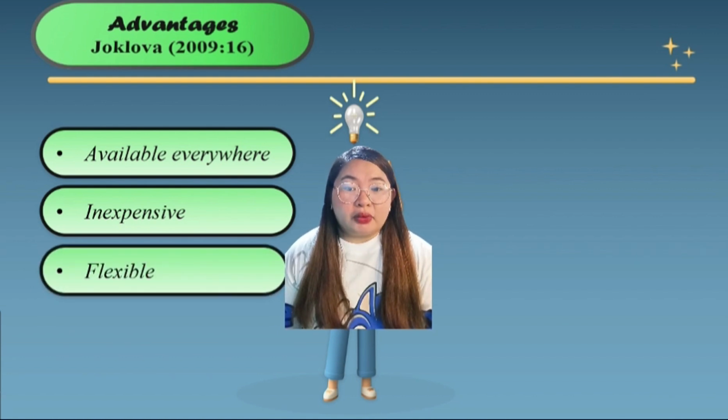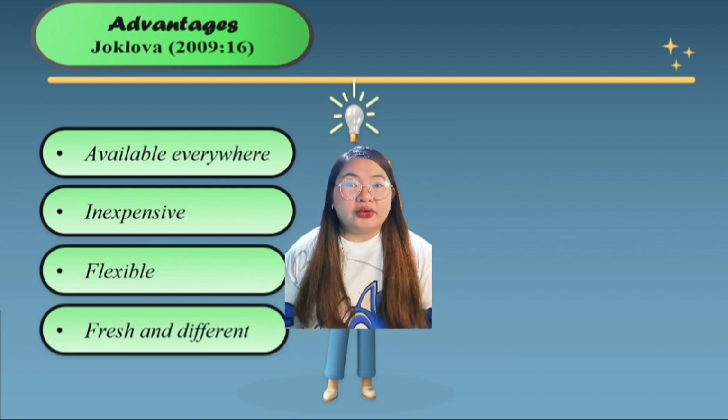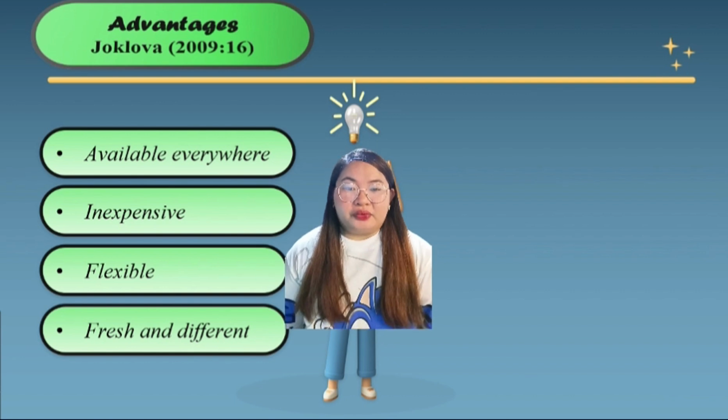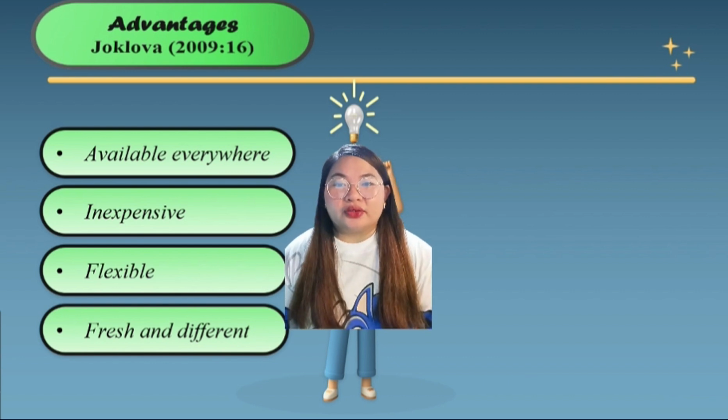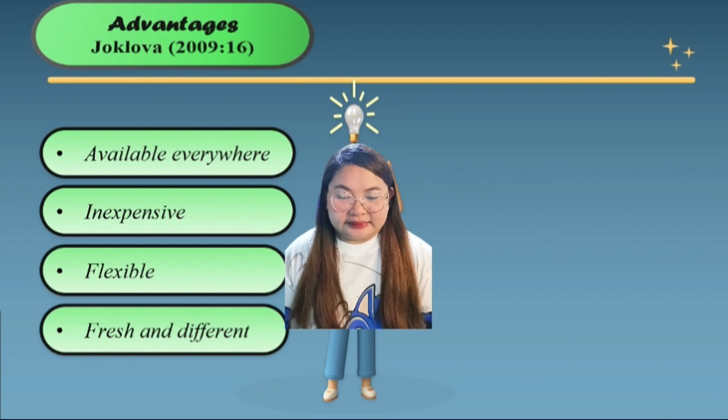Because it can be easily kept and is useful for various types of activities such as drills, comparing, and many others. And lastly, Hoplova also says that associating paintings and photos in teaching English is fresh and different, because they come in various formats and styles, and the learner often wonders what will come next.